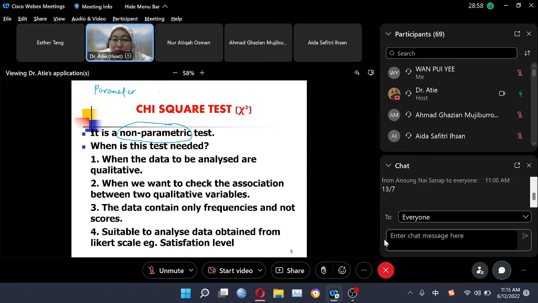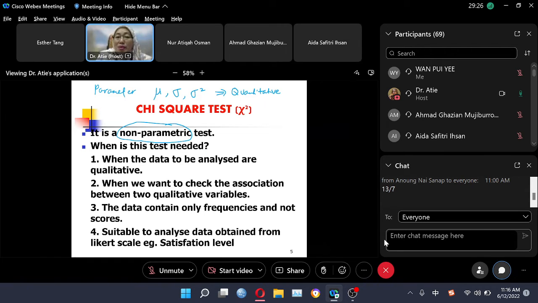For example, mu, sigma, sigma square, right? Those are parameters. When we want to calculate the mean, the standard deviation, and the variance, we need quantitative data, so we have numbers to add, sum, deduct, and so on.